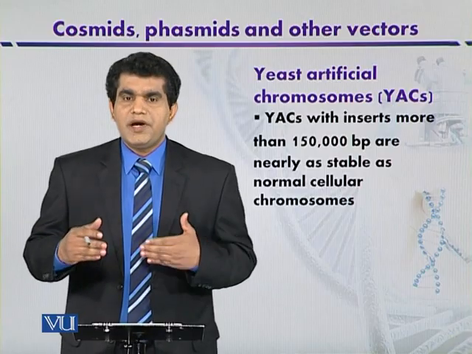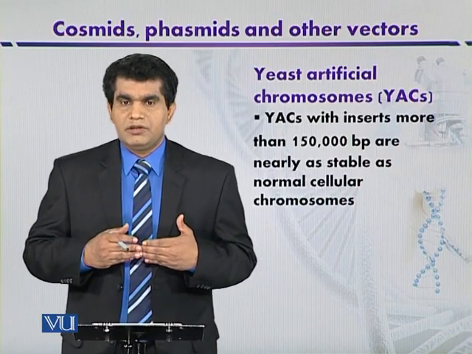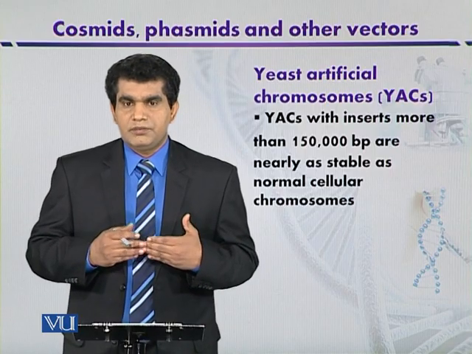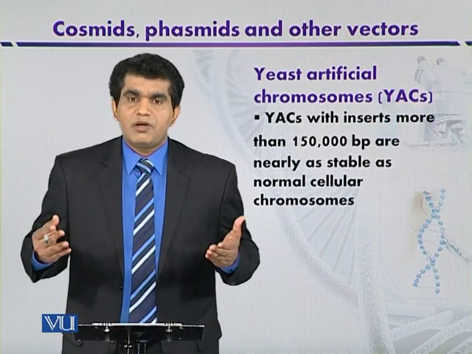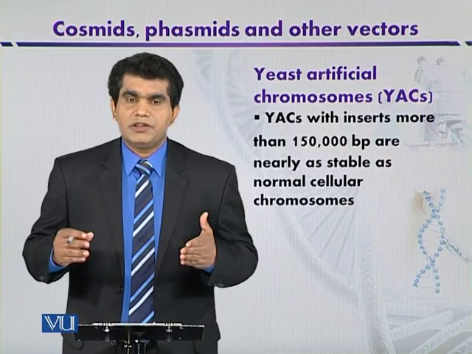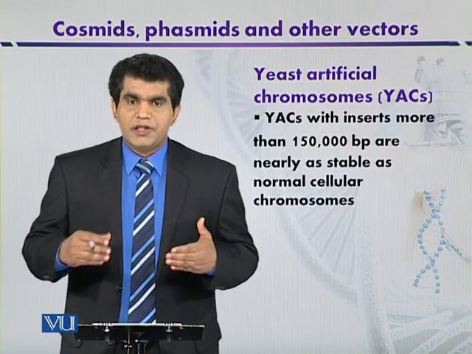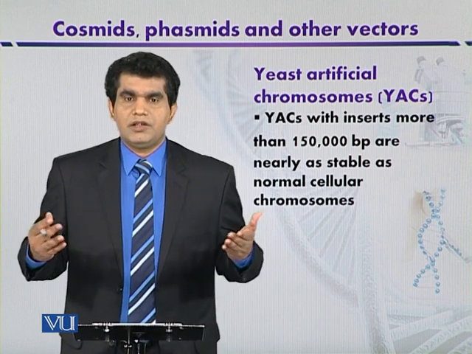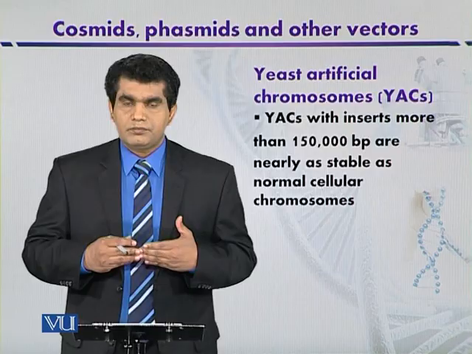So comparatively larger DNA fragments, up to 2 into 10 raised to the power 6 base pairs, can be cloned. It is a very large DNA fragment, and it can especially be used to clone eukaryotic DNA like the human genome.